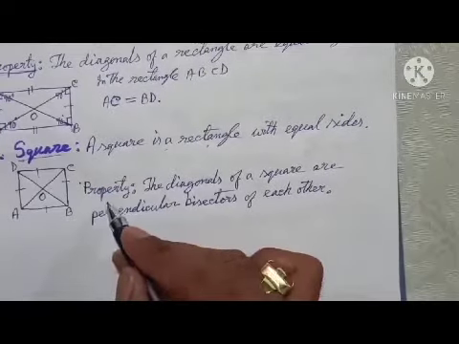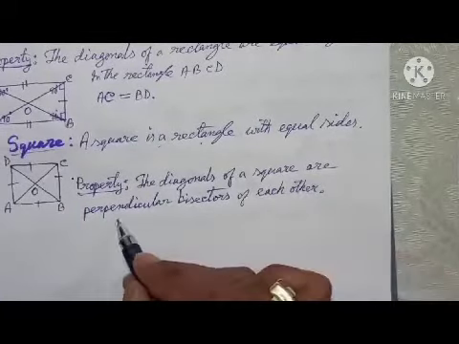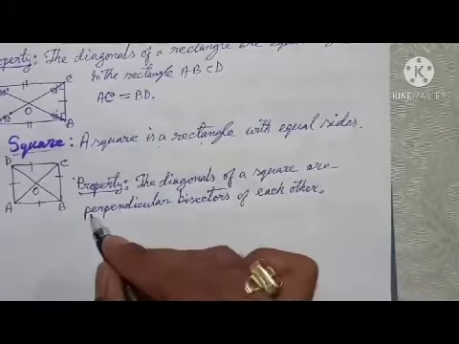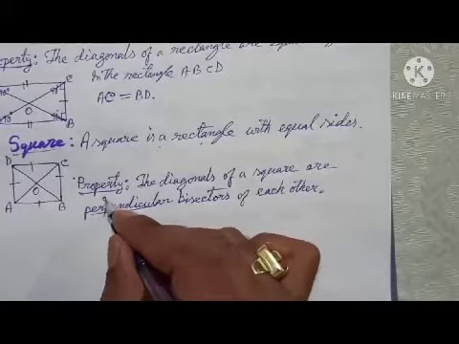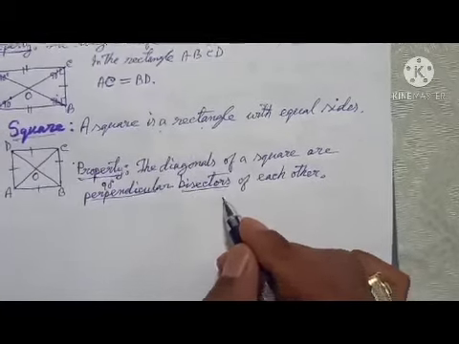Now let us study the property. The diagonals of a square are perpendicular bisector of each other. Perpendicular means 90 degree and bisector means to cut at the center.